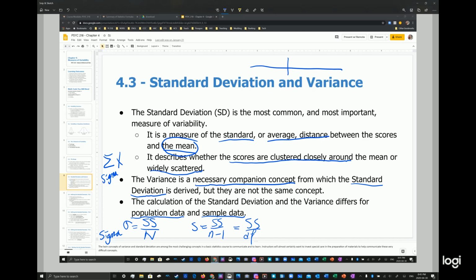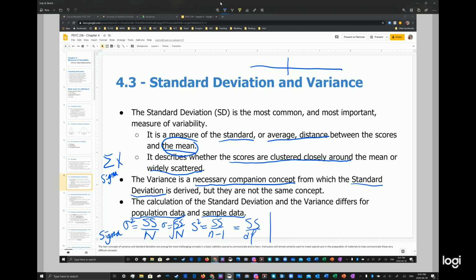And oh, one more thing before I forget. If I just divide sum of squares by n, it's population variance. If I wanted population standard deviation, I would square root sum of squares divided by n. Don't forget that.